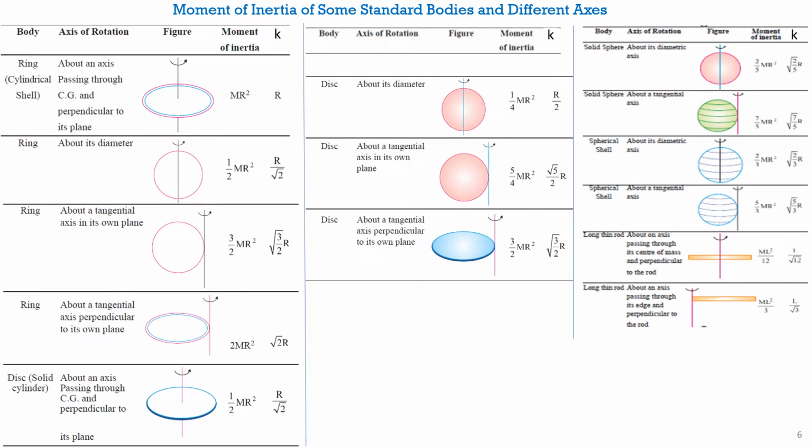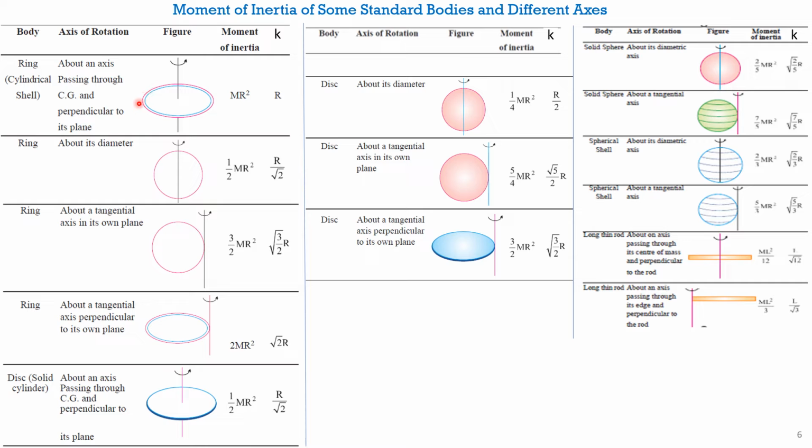Moment of inertia of some standard bodies and in different axes are shown in the table below. Here we have given in the first column the body, the type of body, like for example ring, a cylindrical shell as shown in the figure, and its axis of rotation is about an axis passing through the center of gravity and perpendicular to the plane.